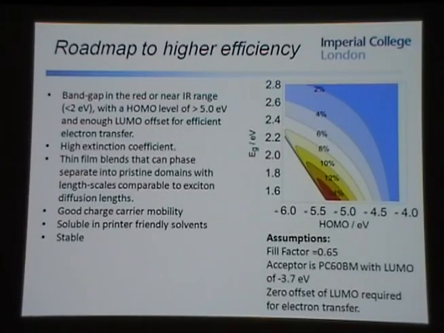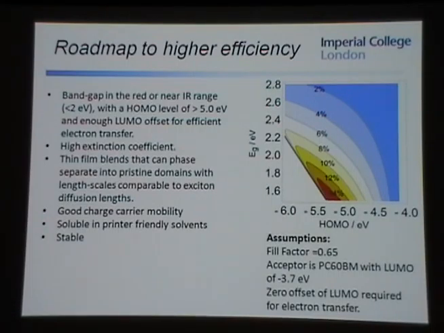Okay, but I'm going to talk about how we design main donor materials. And of course, as I mentioned already, we like this roadmap to higher efficiency. So we can make some simple calculations, some simple assumptions based on this voltage versus current band gap dilemma, and think about where we'd like these materials to be.